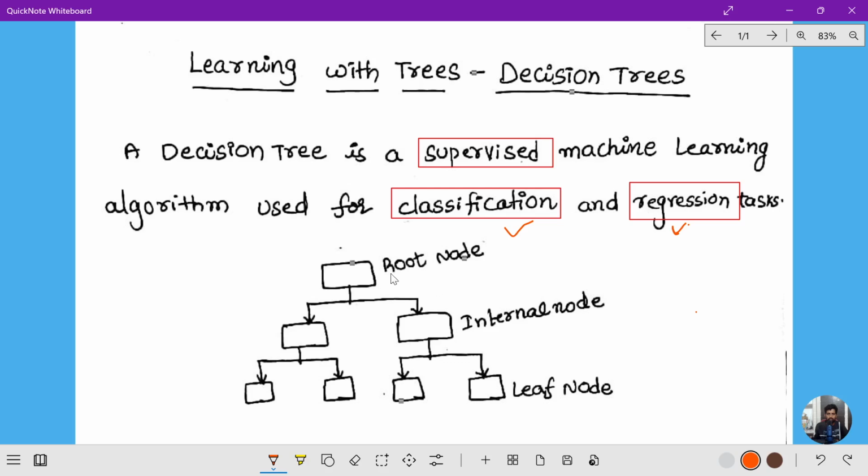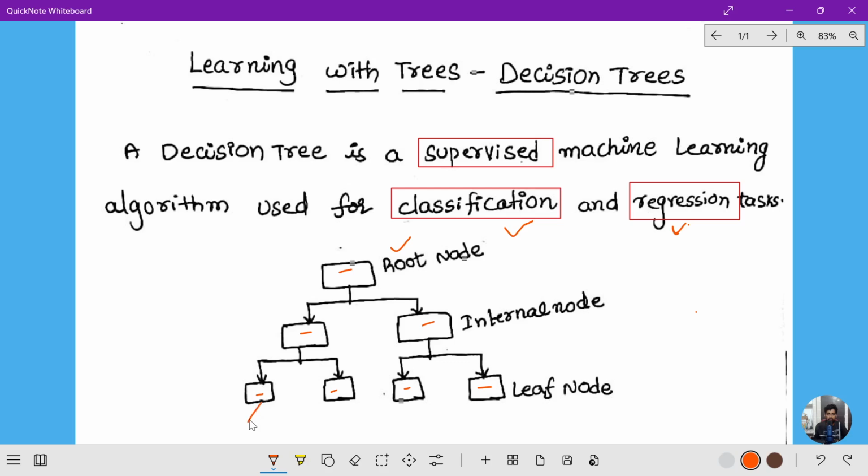Now you observe one diagram which belongs to a decision tree. So remember all of you, the top node is always called the root node. So this node is called the root node, and these two nodes are called internal nodes, and the last nodes, which do not have any left and right side, are called leaf nodes.